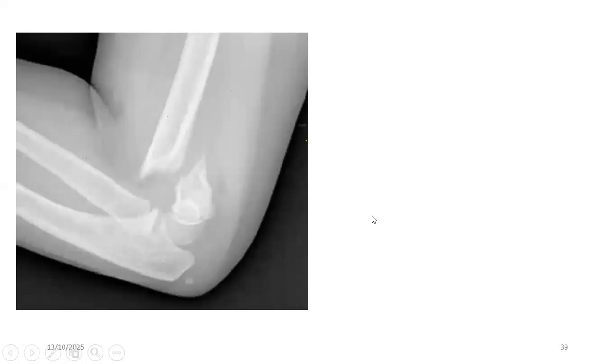So what type of supracondylar fracture is this? Classification: one, two, three. And how will you manage?